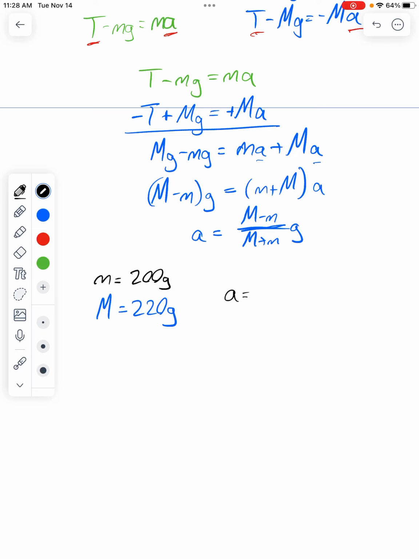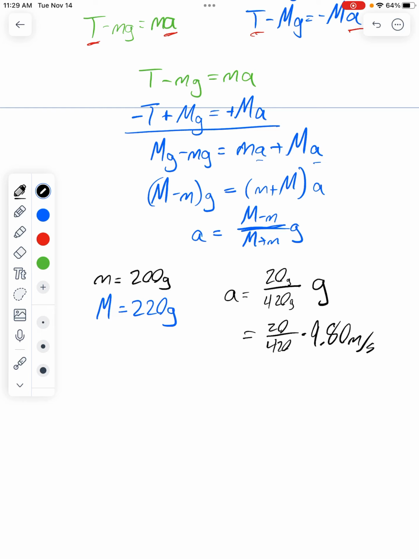So we have a is equal to big M minus little m, so that's 20 grams. This g is not the same as this g, right? These are units g. And this one is 420 grams. And that's, I don't know, it's something. 10 over 210. You know calculators, you can do it.